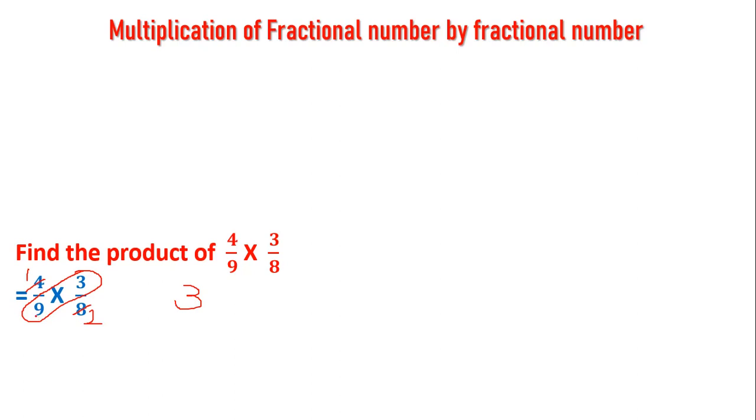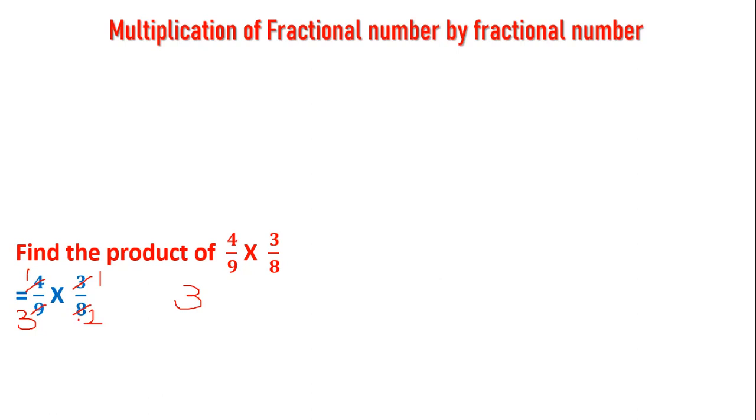Because of that, I am going to divide this numerator 3 by 3. I will get a quotient of 1. Next, after dividing this denominator by 3, I will get a quotient of 3. Here, I cancelled numerators and denominators.